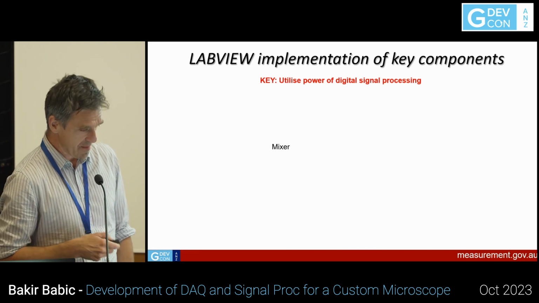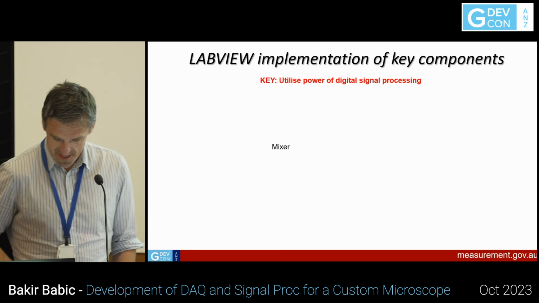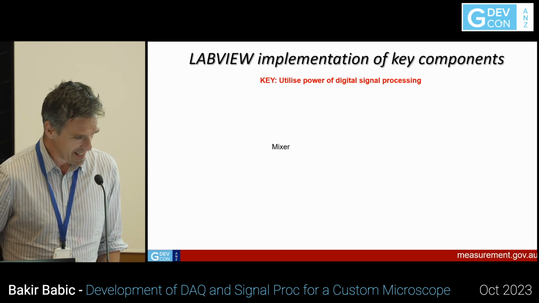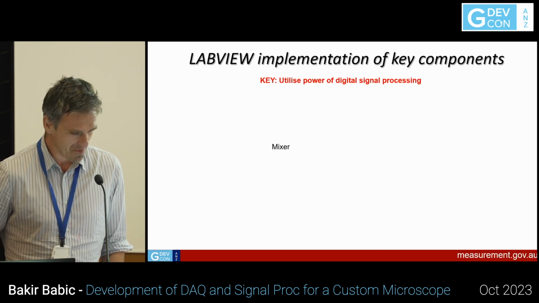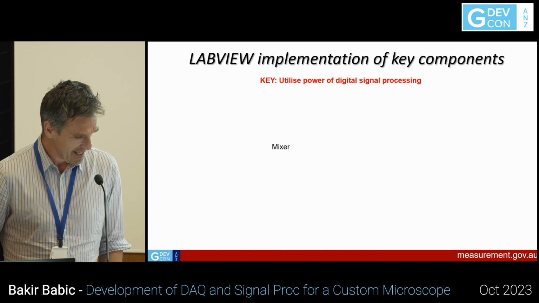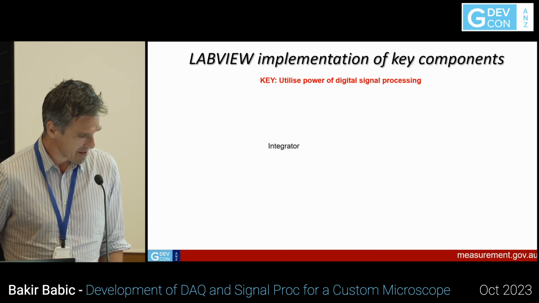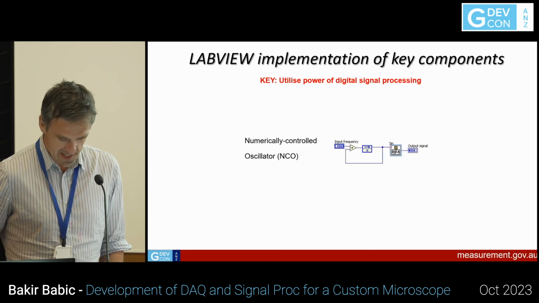So just how you implement that in LabVIEW, I'll give you a simple example, because anyone can really do this in LabVIEW, and that's the advantage. You don't have to be a professional FPGA coder. So you mix, you just multiply, then you integrate your signal. Then for the NCO, this is how it looks.